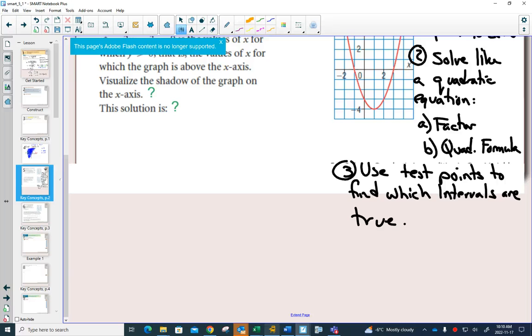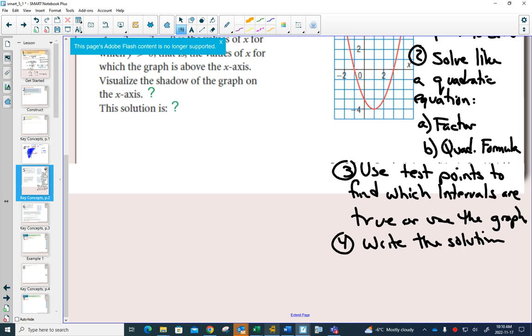And then we're going to use test points to find out which intervals are true, or use the graph to find out which parts are true. And finally, anytime you solve something, you have to write the solution. Once you find out where something is true, you're going to write the solution.